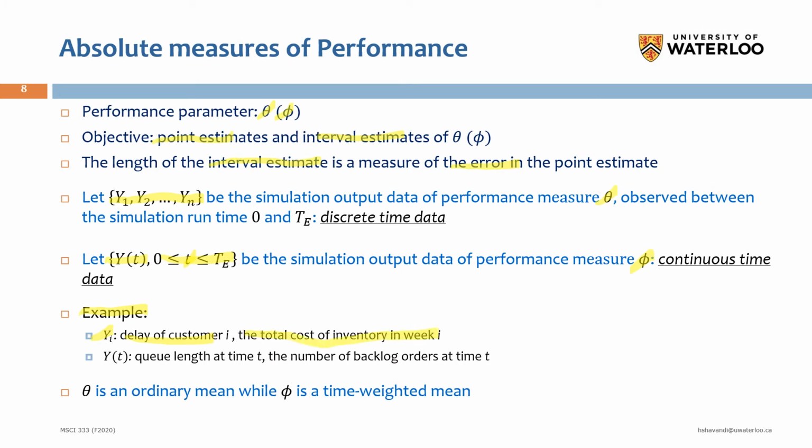As you see, these are discrete, okay? Or y(t), the queue length at time t, or the number of backlog orders at time t, which can vary over time. Because of that, we say those are continuous time data, okay? So theta is used for the ordinary mean for discrete time data, and phi is used for continuous time data, and it will be a time weighted mean, okay?